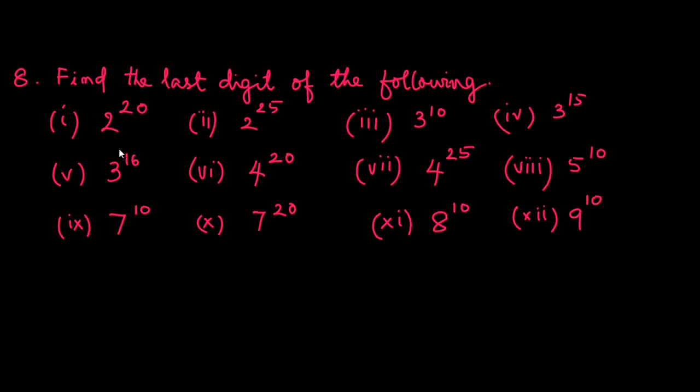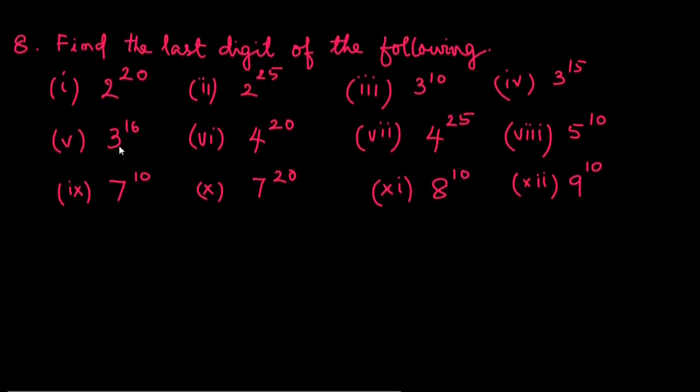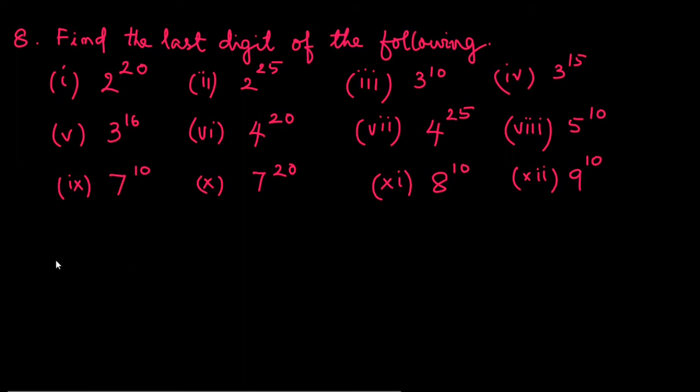Find the last digit of the following: 2 power 20. What is the last digit of 2 power 20?